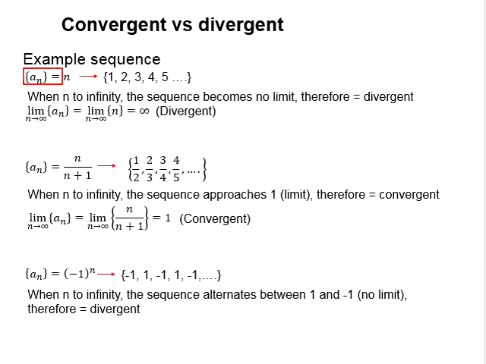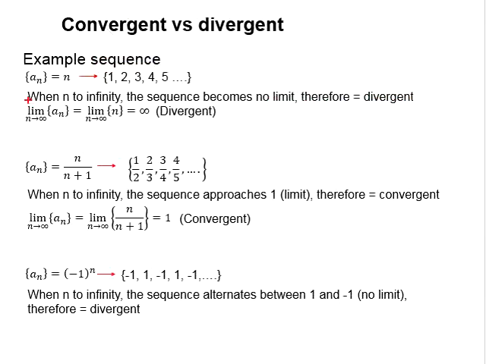The formula for the sequence is given as n, and n here is a running number starting from 1 to n infinity. Based on the sequence here, when n goes to infinity, the sequence has no limit. The number will increase with n, and this kind of sequence is known as divergent.